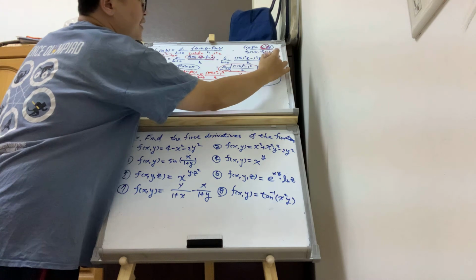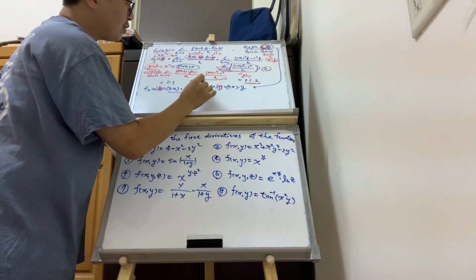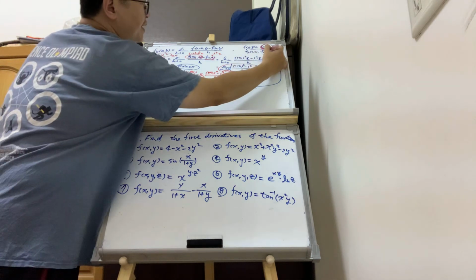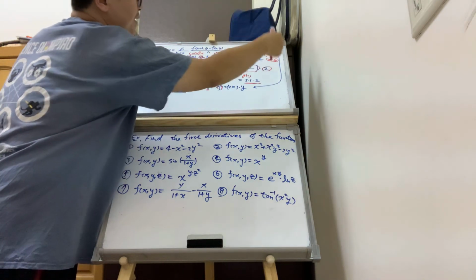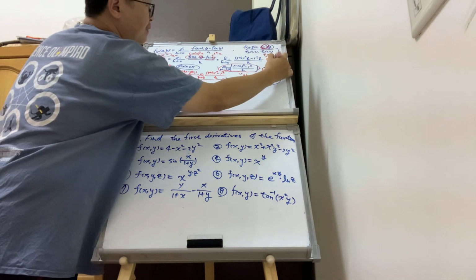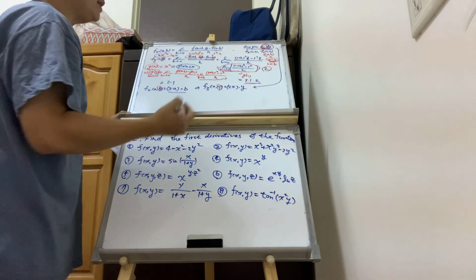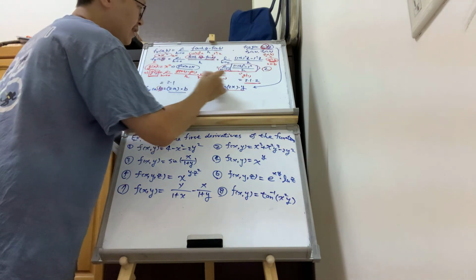When we consider its derivative with respect to x, we just fix y at some point b, so its derivative is actually 2x times b. Then replace b by y, so it's this one.